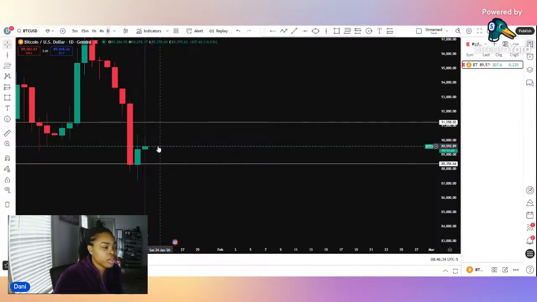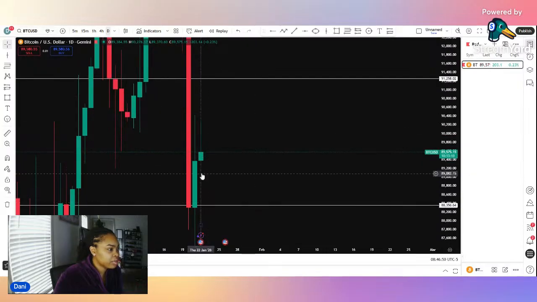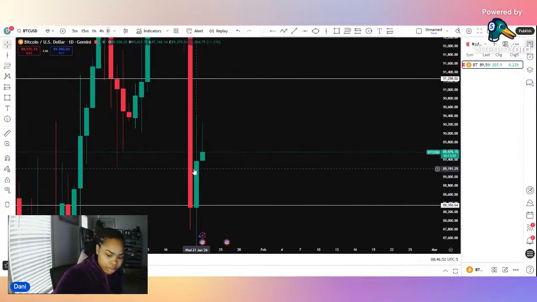So the chances of it buying are probably going to be around 89,300 or around now, because as you can see, this is a flat candlestick at the bottom. This is a flat bottom.